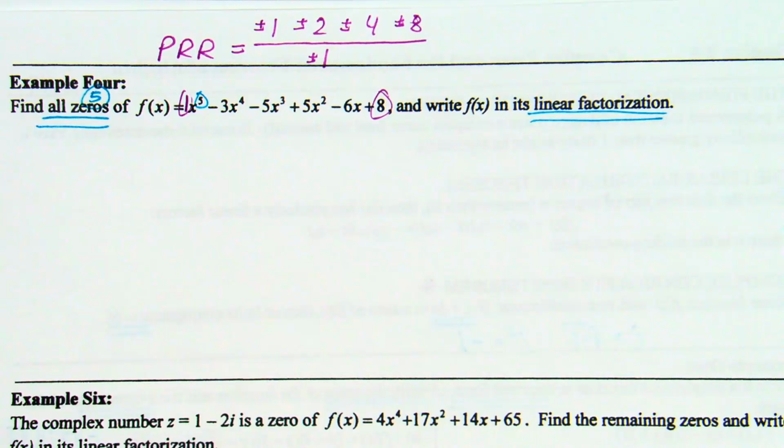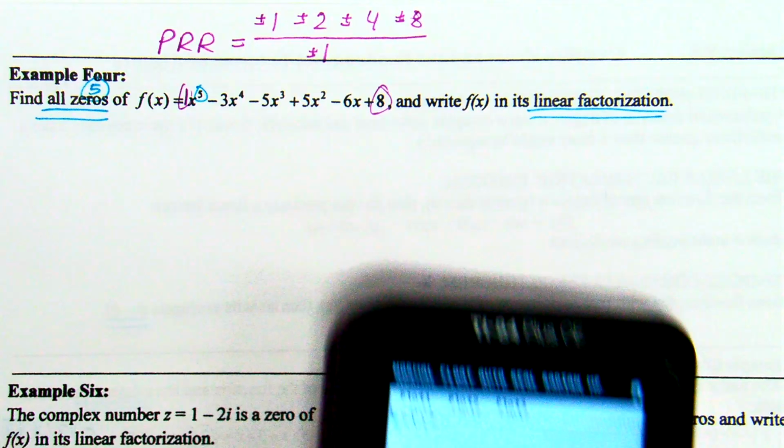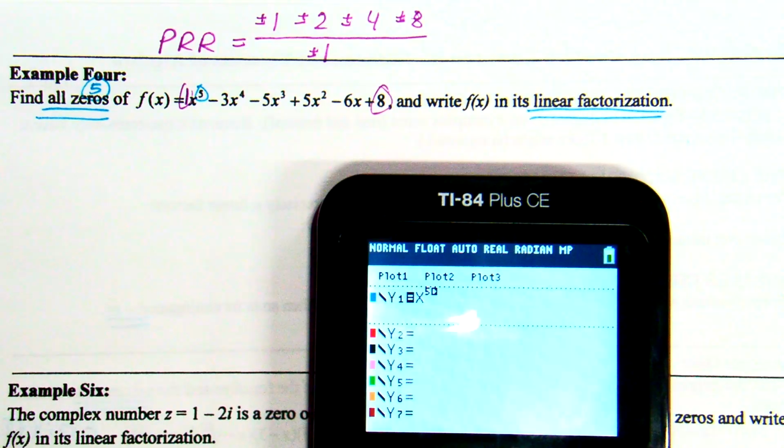Now, what do we do before we start into synthetic division? We graphed it to give us an idea of where to start. I did forget where you had this graphing part, but you'll be fine. So, if you would, work on getting it graphed.